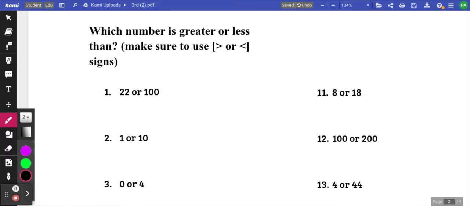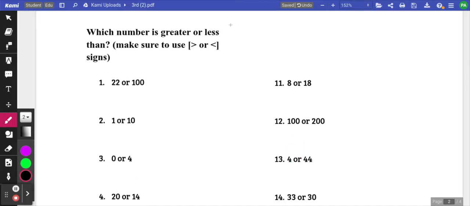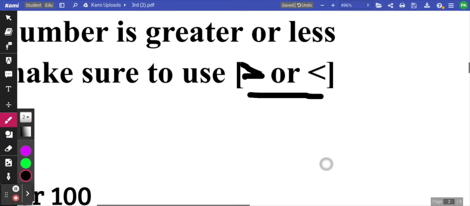Moving on. So now we're going to guess which number is greater or less than. So now we're going to be using these symbols. For those who are not too familiar with it, these symbols tell whether a number is greater or less than. When you use this one, it's greater than, because remember, when we use these symbols, it's always going to be this number that's said first.